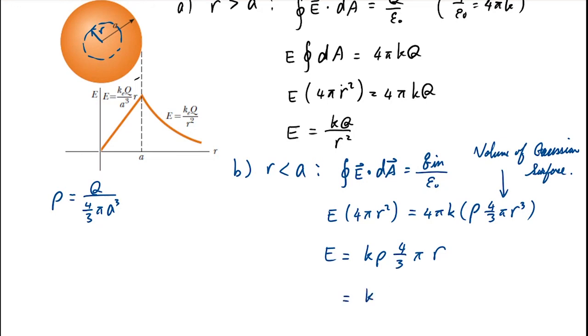So what we have is kQ over, can we just do it in our head? Yeah. So we have kQ over a cubed times r. Do you agree with that? Because 4 pi cancels, and you have r here and then a cubed in the denominator. Do you see this is a linear function?